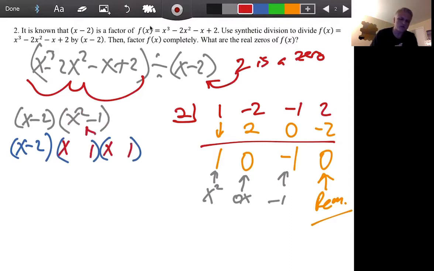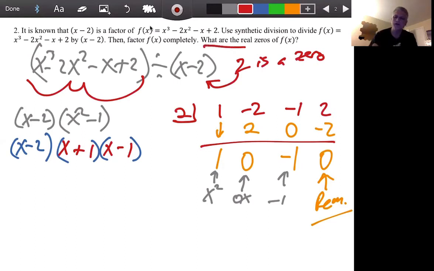Since there's no middle term, it's got to be plus minus. This is a completely factored version of the polynomial that we had at the beginning. So x cubed minus 2x squared minus x plus 2 factored would be x minus 2 times x plus 1 times x minus 1.